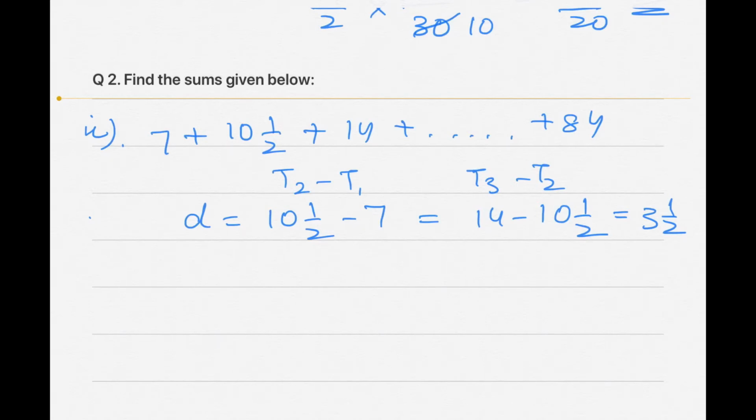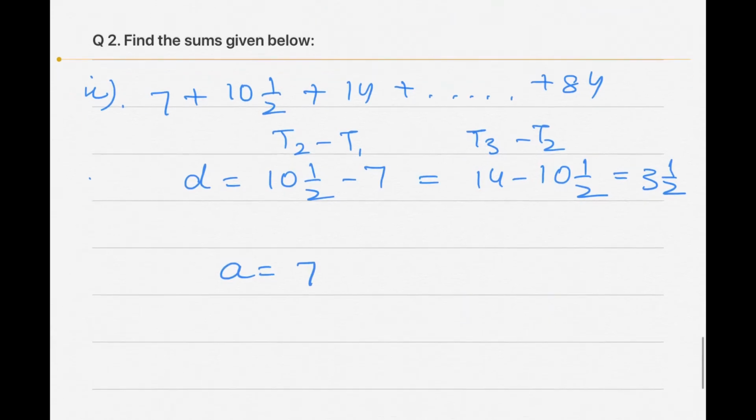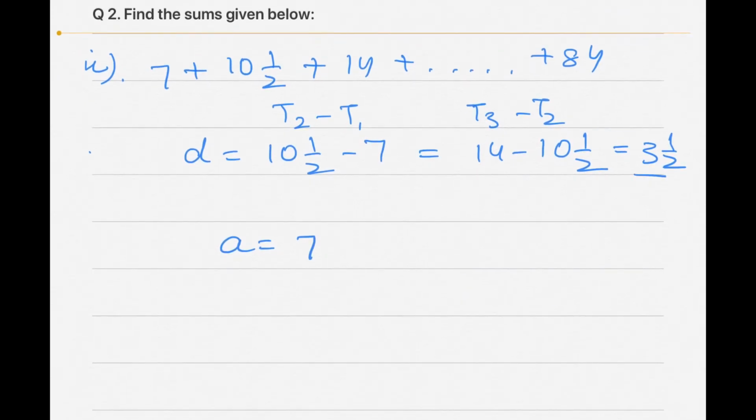Now my A is equal to 7 and D I already found out as 3.5. Now my last term, or Tn, is equal to 84, because to find the sum I need the n also. There are two ways of doing it.